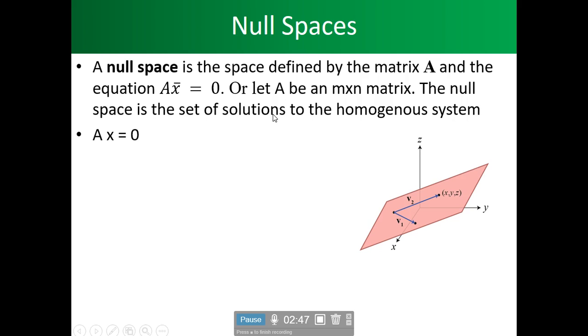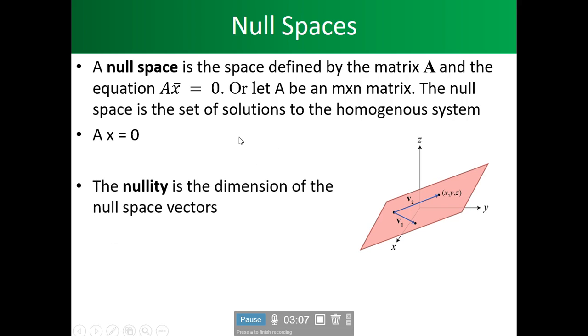This is the key. The set of solutions, that's what we're going to be trying to hunt down. The set of solutions of X to the homogeneous system. Now, when we studied differential equations, we had homogeneous and particular solutions, and we added them up to get our total solution.